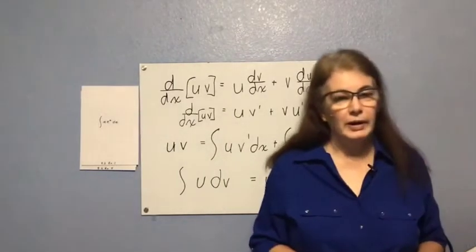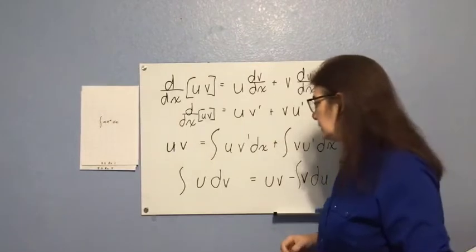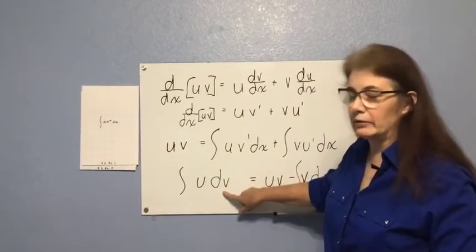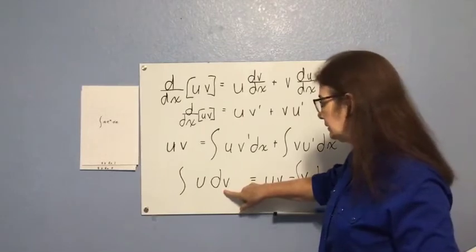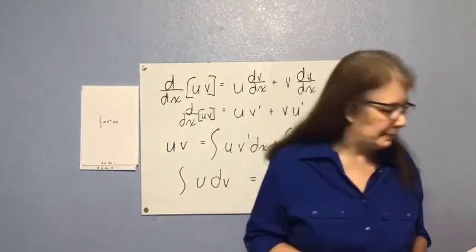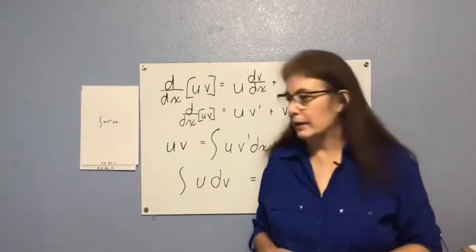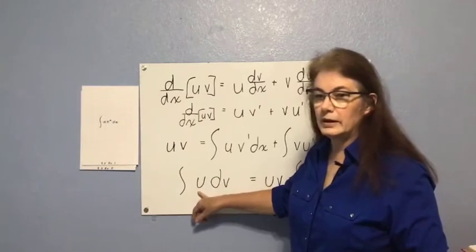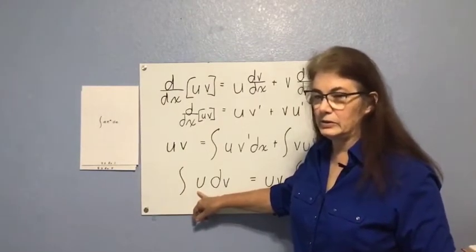When we want to integrate by parts, we want to make the most complicated part of the integral this dv part. That's just one of our guidelines for figuring out how we're going to split that up. Okay, and then we're going to try to let u be a function that has a derivative that's simpler than u itself.